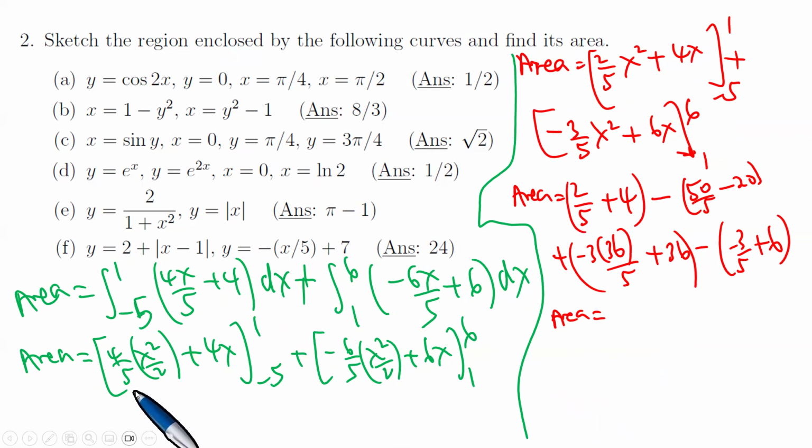Okay, so what do you have here? So the 2 divides here, giving us 2x squared over 5. So which means that minus 3 over 5, x squared plus 6x.